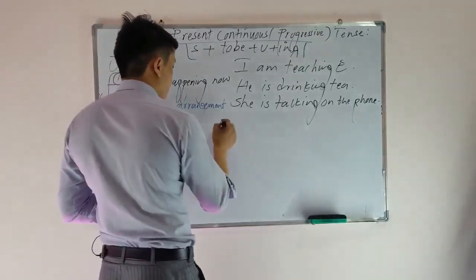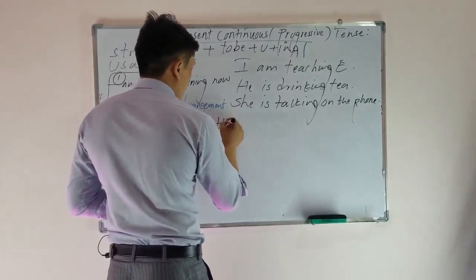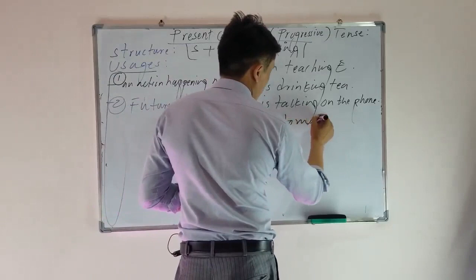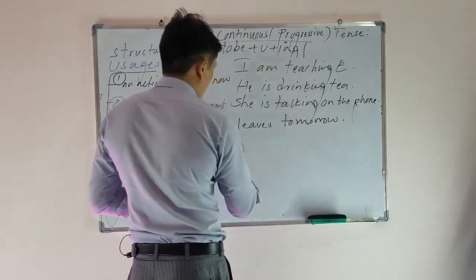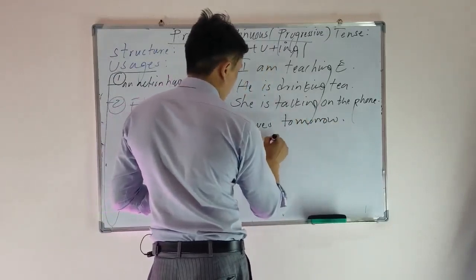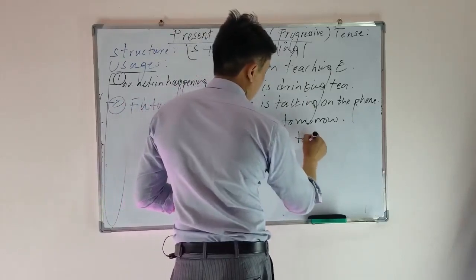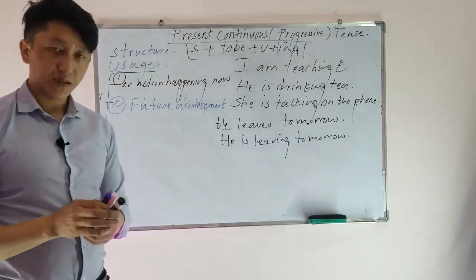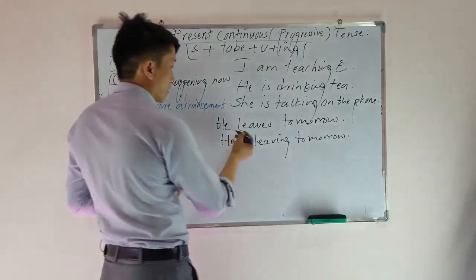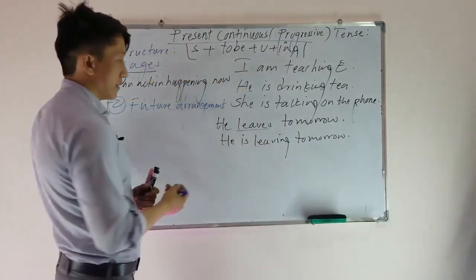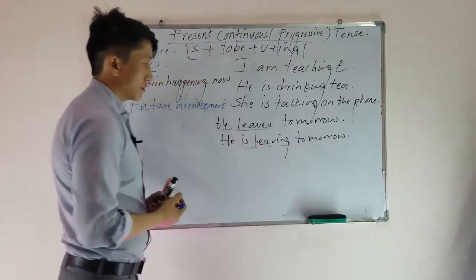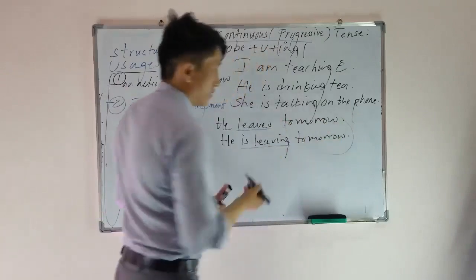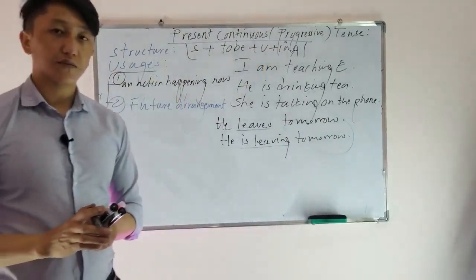For example, I can say he leaves tomorrow, and I can say he is leaving tomorrow. So what is the difference? If I say he leaves tomorrow, this is simple present tense, and he is leaving tomorrow, this is present continuous tense. Now here, the future time expression, tomorrow, must be mentioned, because if you don't mention it, we get confused.